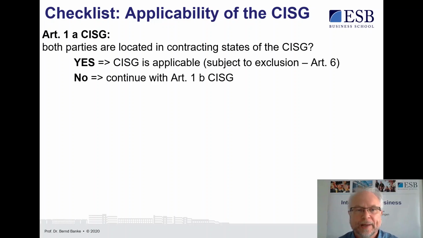Wow, that's great, but the question we have now is, what are contracting states? I'm pretty sure that most of you, because you're the generation of the digital natives, as we call you, already picked up your mobile phone or your tablet computer or whatever you have and started looking for which nations have signed the Convention on International Sale of Goods.